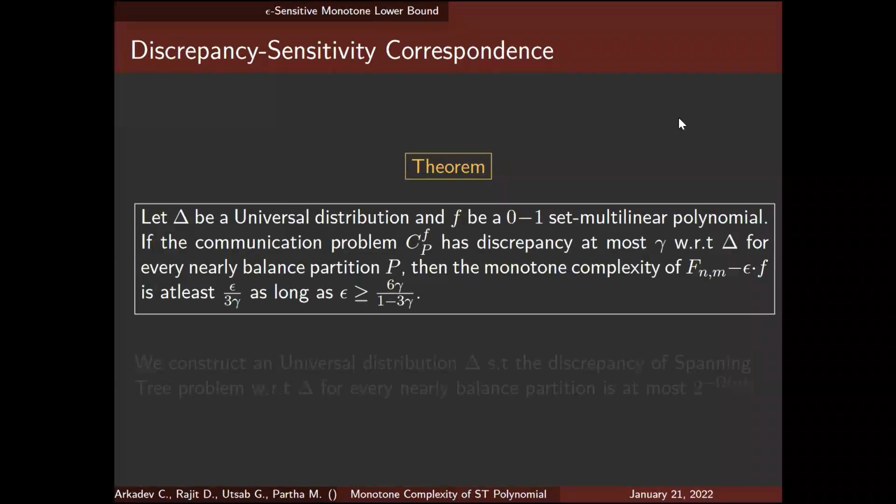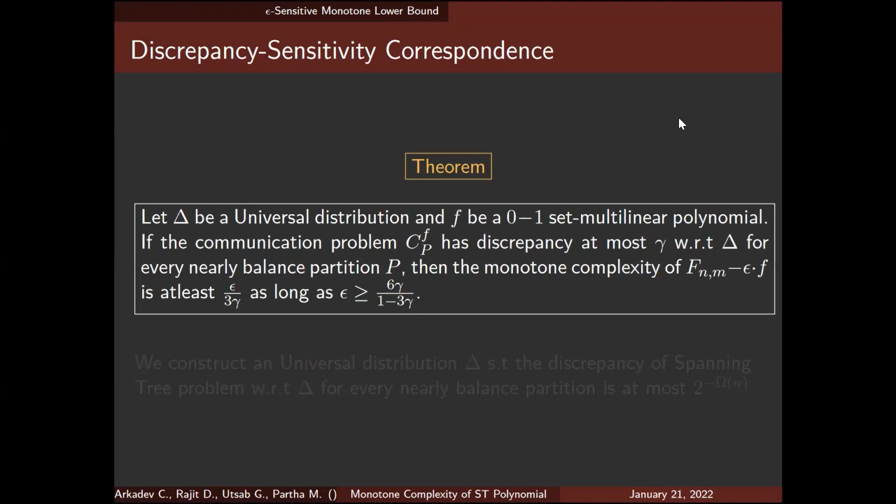The Discrepancy-Sensitivity Correspondence Theorem. The theorem states the following. Consider any 0-1 set-multilinear polynomial f. The 0-1 means the coefficient of this polynomial is either 0 or 1. Now consider the natural communication problem CP_f with respect to this polynomial f. As an example, recall for the spanning tree polynomial, we introduced the communication problem spanning tree.